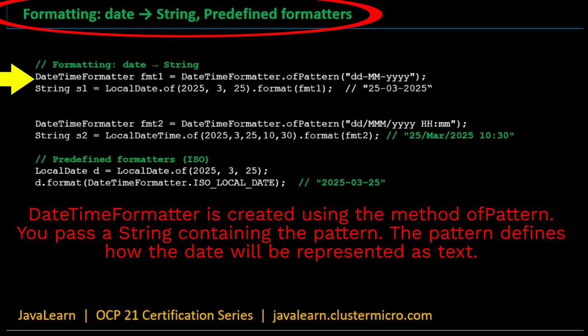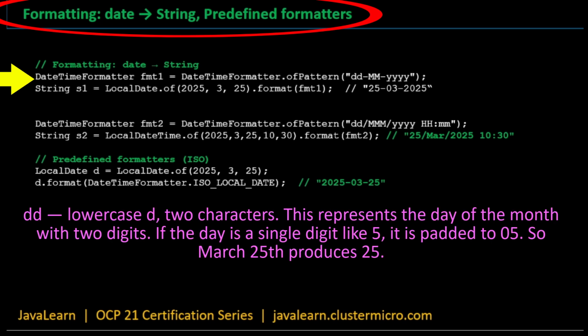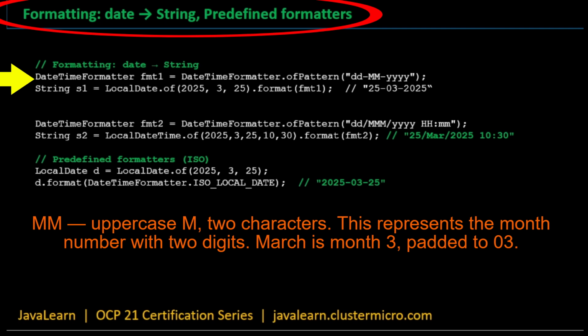Then we have uppercase M, 2 characters. This represents the month number with 2 digits. March is month 3 and padded to 03. Then another literal hyphen and then yyyy, lowercase y, 4 characters. This represents the 4-digit year. 2025 produces 2025.